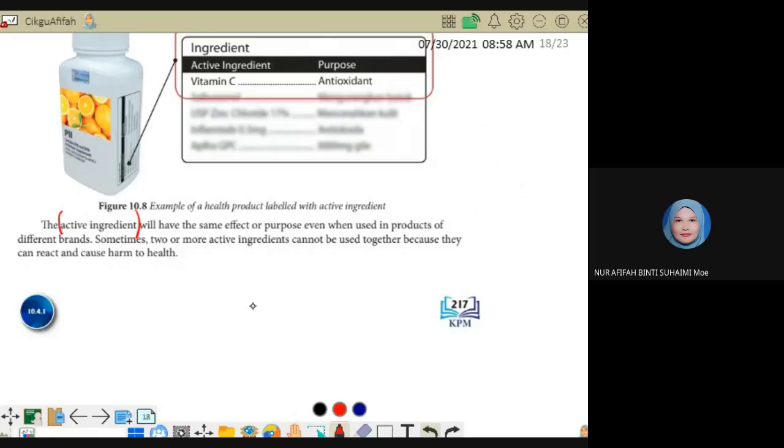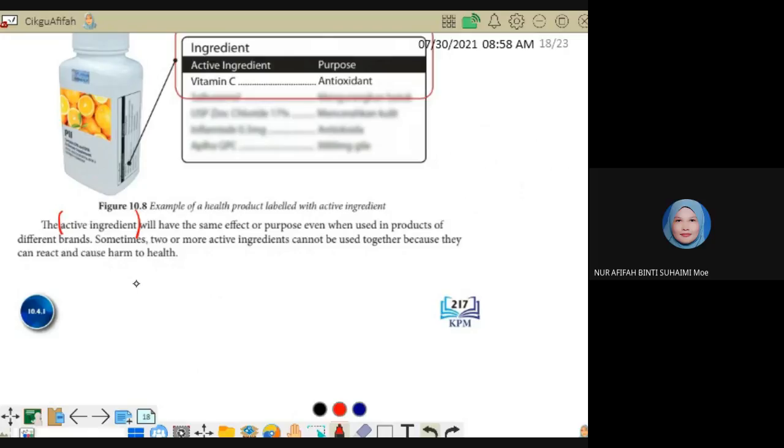Ada yang multivitamin, dia dah gabung semua. Contoh kita ada 5 antioksidan tadi, ada suplemen yang ada semua tu. Kalau MV ada satu suplemen yang ada semua benda, multivitamin ke apa, tapi mesti ambil 3.